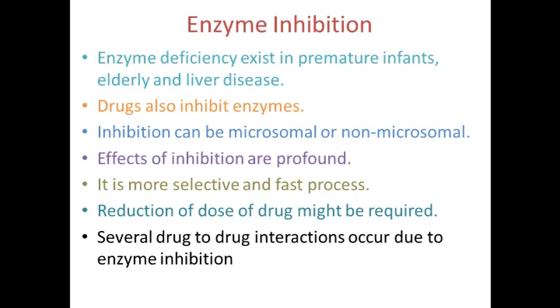Premature infants will lack a few enzymes, so there would be difficulty in metabolizing drugs in premature infants. The elderly's body deteriorates over a period of time, so the elderly, at the extremes of ages, might lack a few enzymes. So of course pharmacokinetics, especially metabolism of drugs, might be altered in the elderly.